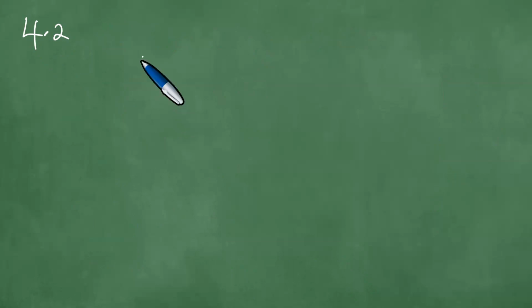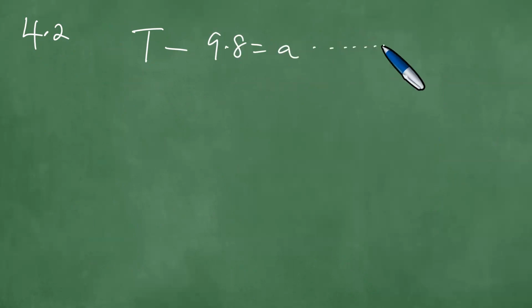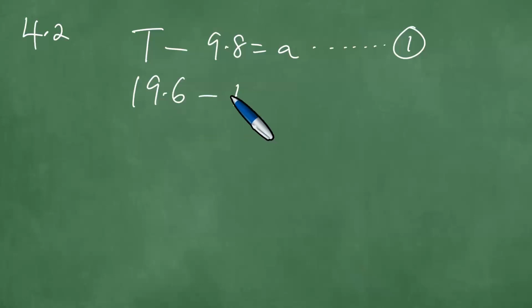Okay, so we have that T minus 9.8 is acceleration. We called this equation 1. 19.6 minus the tension equals 2a is equation 2.